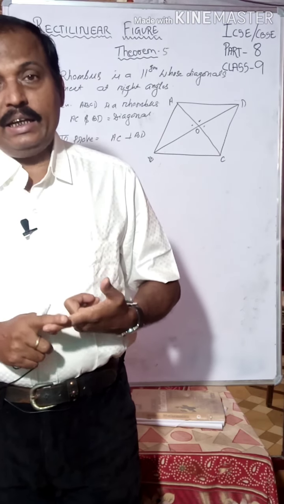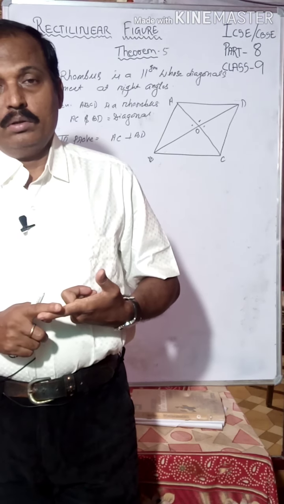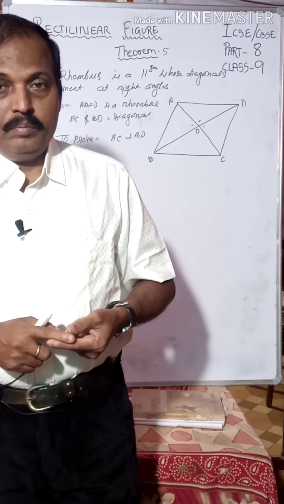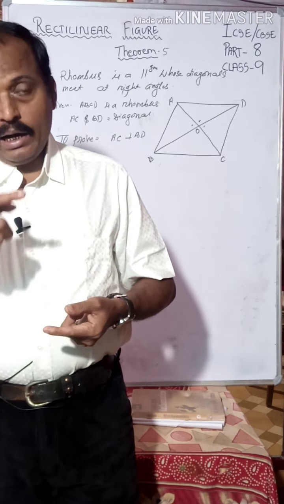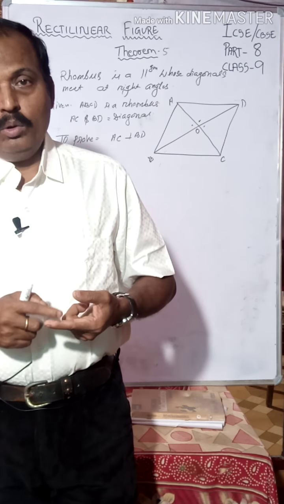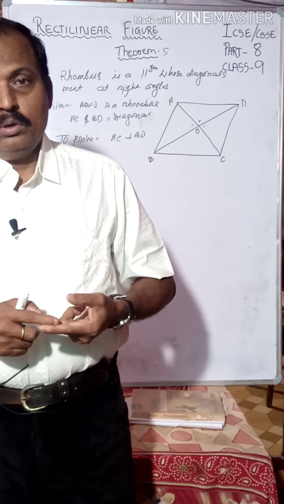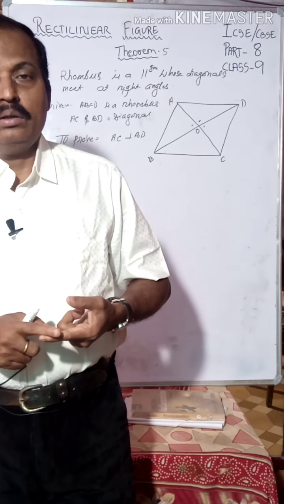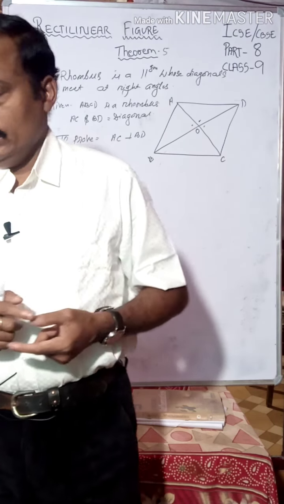Diagonals bisect each other at an intersecting point. By adopting the parallelogram method, we have to prove in the rhombus the diagonals meet at 90 degree.